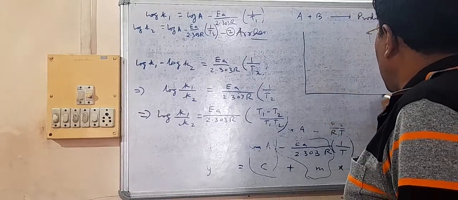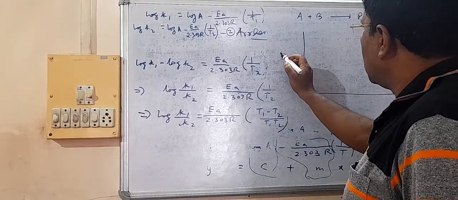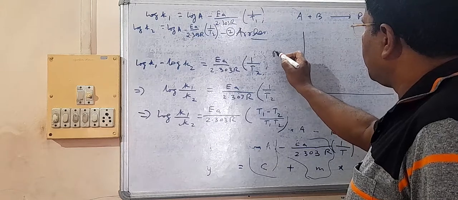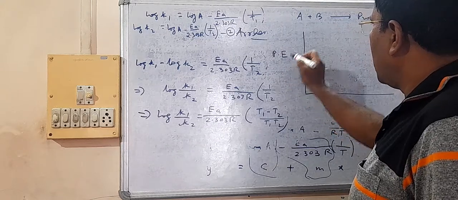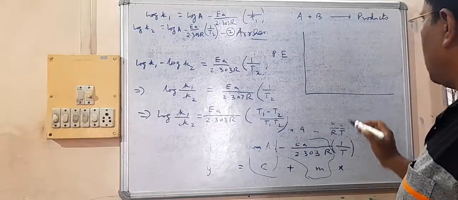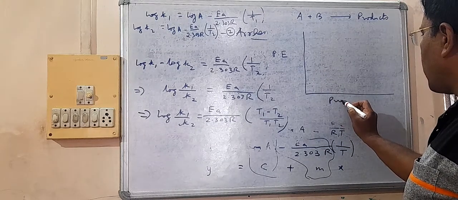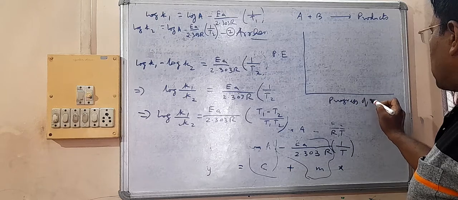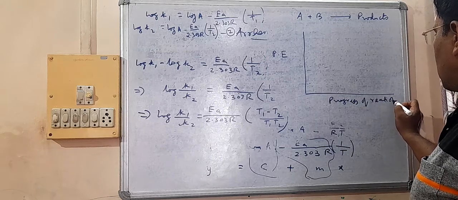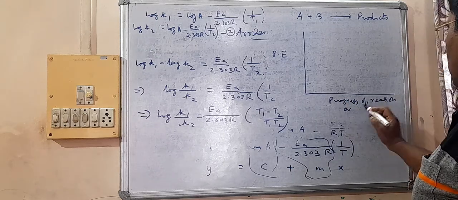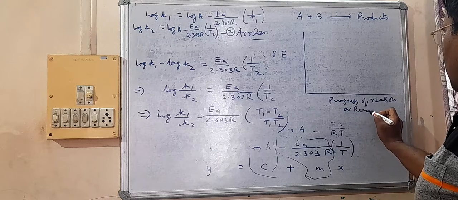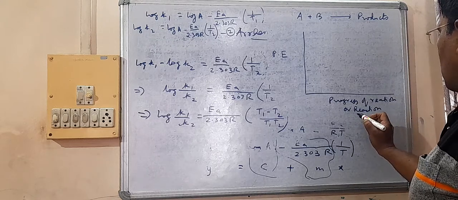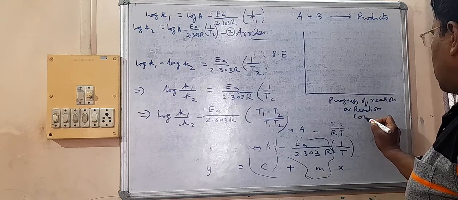So here we have potential energy. We are plotting potential energy versus progress of reaction. This is also known as reaction coordinate.